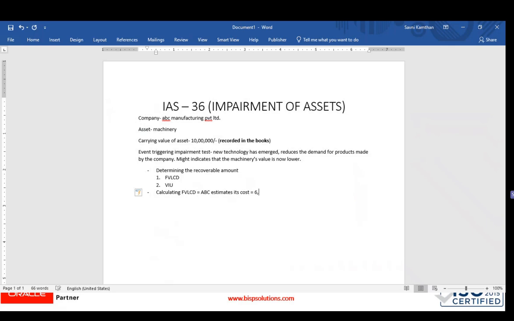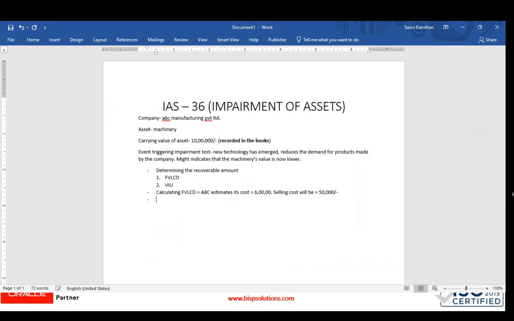Or let's suppose, for calculation, we are taking it as 6 lakh. So selling cost will be 50,000 rupees.